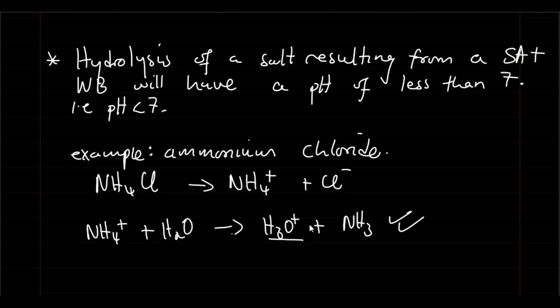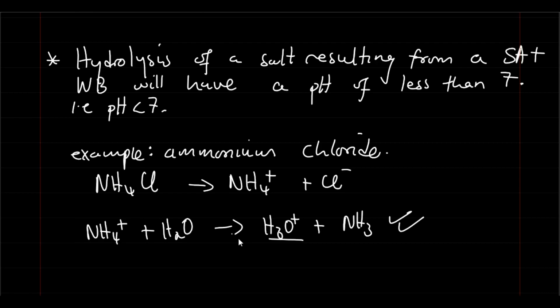Okay, so now we can conclude that if they ask you, will the pH of the final solution be greater than 7, equal to 7, or less than 7, what do you say? It's less than 7. Why? Because, for example, that one question was asking about hydrolysis of ammonium.